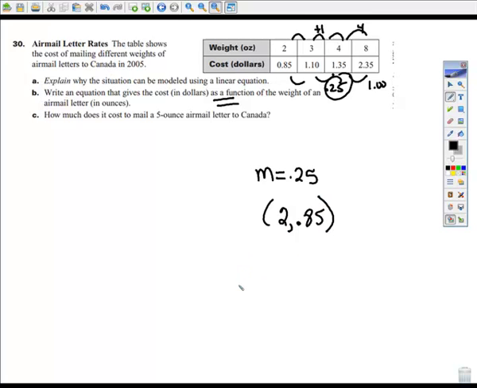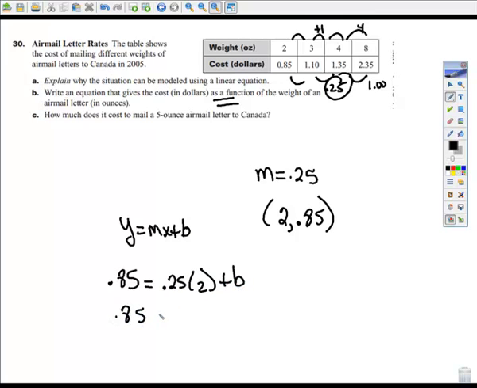Again, you can go ahead and do it with slope-intercept form right away, or you can put it in point-slope form. Since the other one I did in point-slope form, this one I will put back in slope-intercept form. So the y is 0.85, remember slope-intercept form, equals m, a quarter, times x plus b.